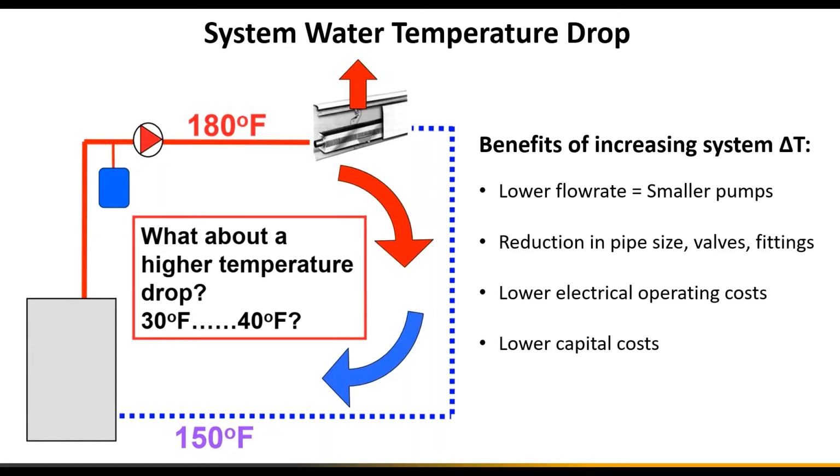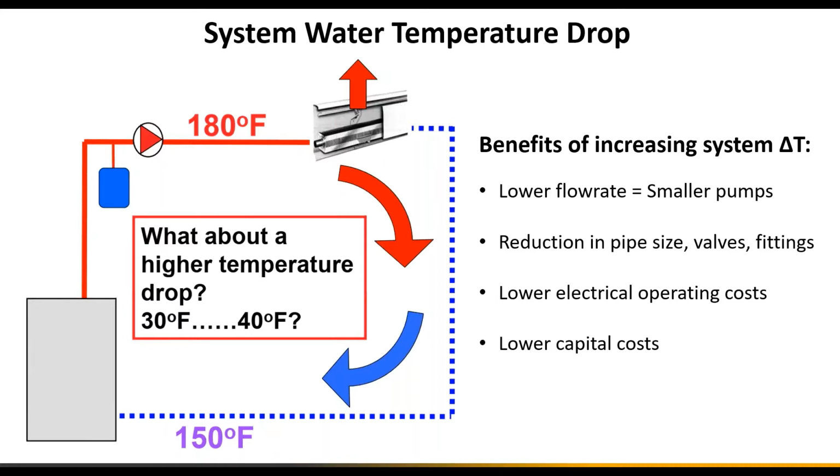And then the added benefit, of course, of having a much greater window of condensing operation on the equipment. So increasing your delta T has been a frequently used strategy in new buildings as well as in retrofit buildings to take what used to be a high temperature system and turn it into a lower temperature outdoor reset driven high efficiency system.